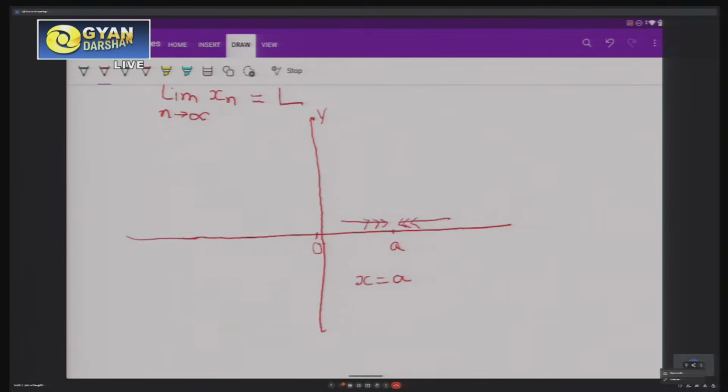It means f(x) will approach. So that will be the limiting value for that function.